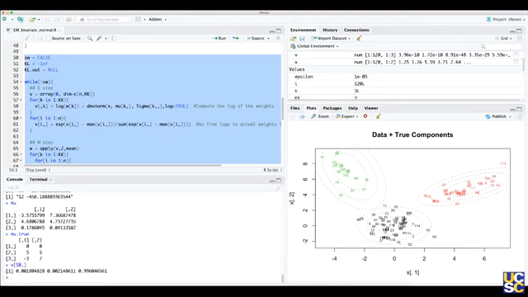So in other words, the algorithm is saying that observation is really more likely generated by this component down here than by the green component up here.